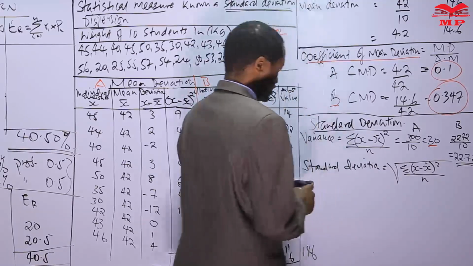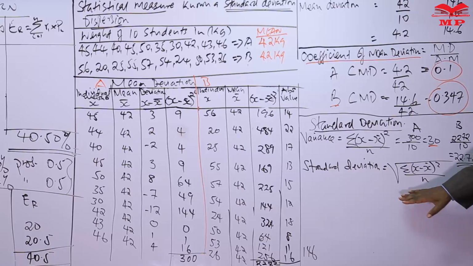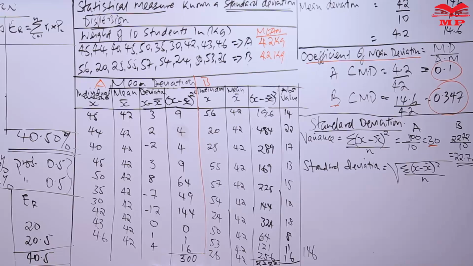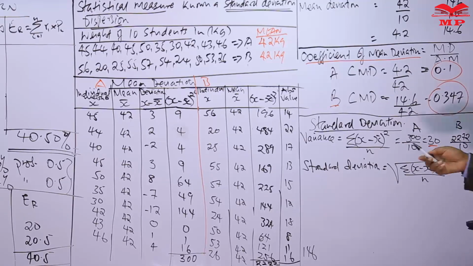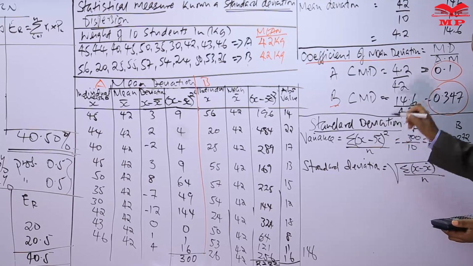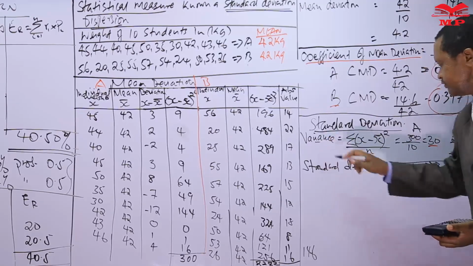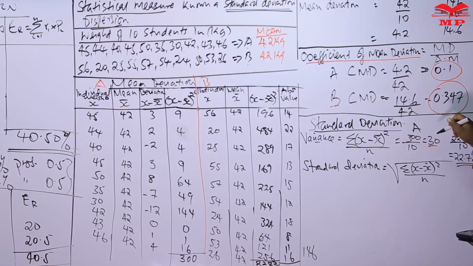So we can now get the square root of the mean of the squared deviations, which is equal to the variance.